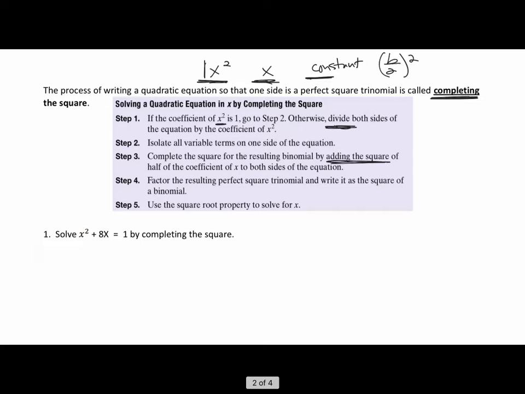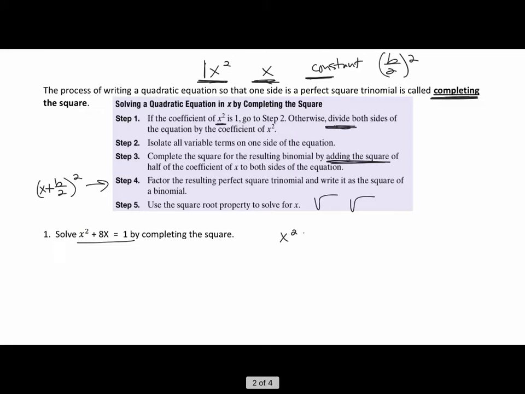So add the same half of b squared to both sides of the equation. And then get your factors, right? X plus half of b squared equals some number on the other side. And then just use that square root property to solve for x, like we just talked about in the last objective.